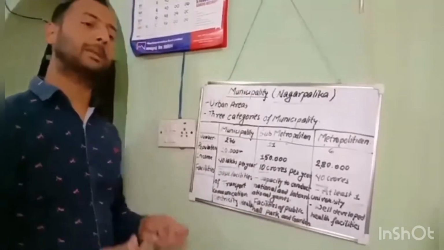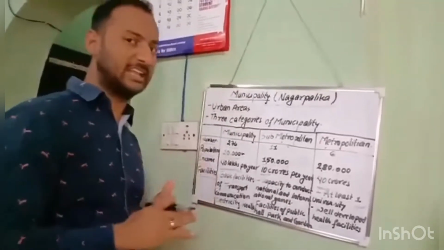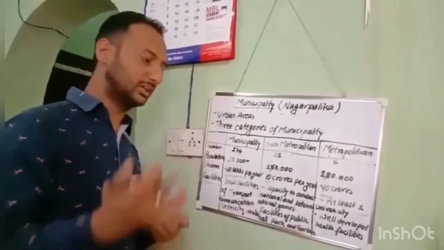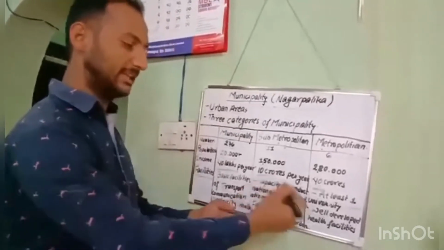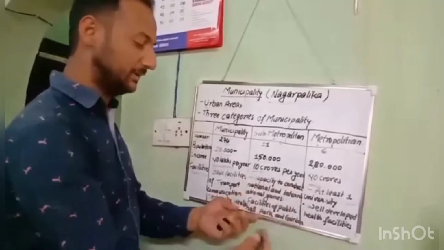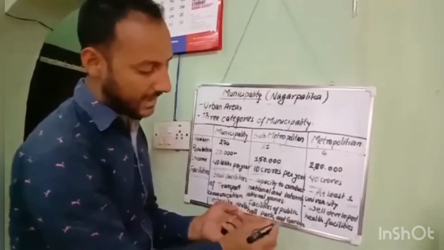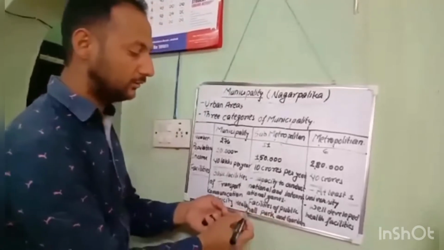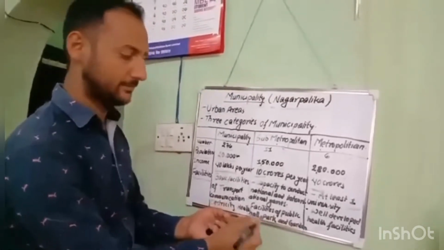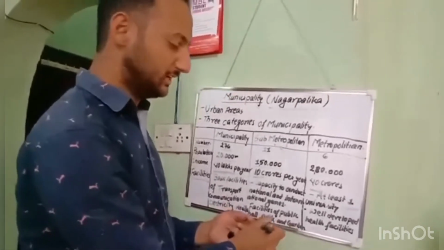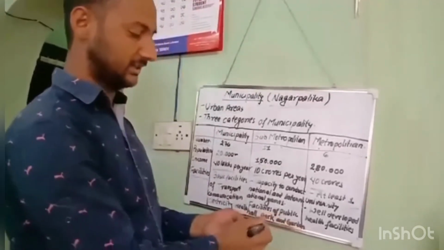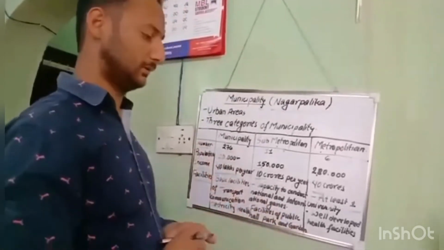It means the platform should be there to conduct various kinds of games nationwide and internationally. Beside the stadium, there should be facilities of a public hall, park and garden. A public hall is to conduct meetings and seminars, a park is for the children and a garden is also for the old people.